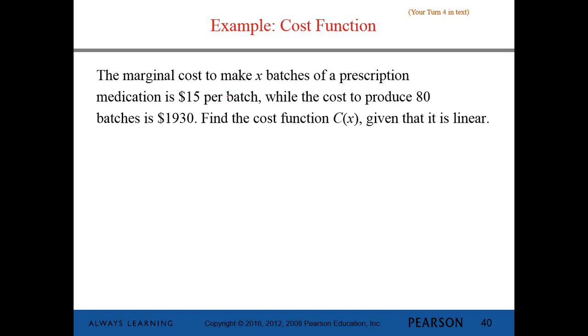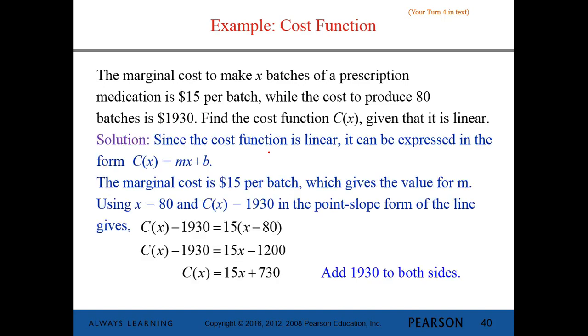So 80 plus 40 is 120. So that's what? $1,200, right? So 80 times $15 is $1,200. Well, that doesn't reach the 1930. Well, guess what? That means the rest of it has to be fixed cost. So if we take that 1,200 and subtract that from the 1930, what do we get? We get $730. And guess what? That is going to be our fixed cost. That's going to be the B. And that's going to give us our answer.